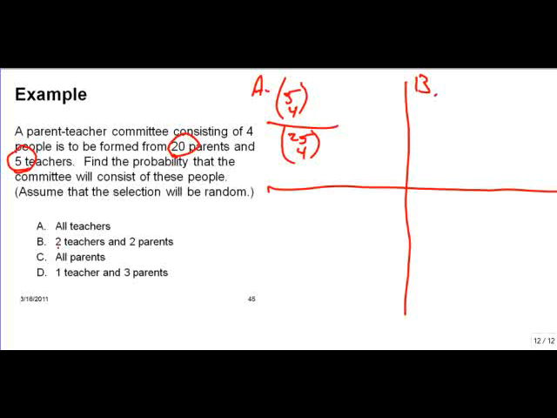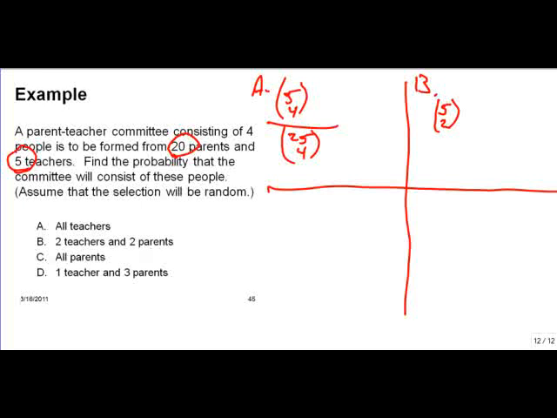So for B, we want 2 teachers and 2 parents. Again, how many teachers do we have? 5 teachers. How many do we want? 2 of them. Does order matter? No. We just want any 2 teachers, so there's 5 choose 2 ways to do that. 2 parents. How many parents do we have? 20.